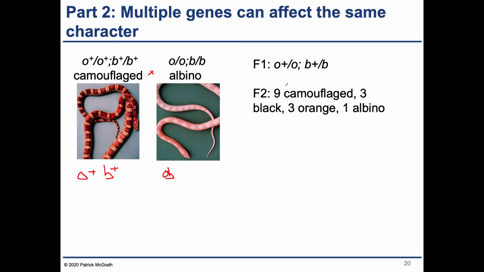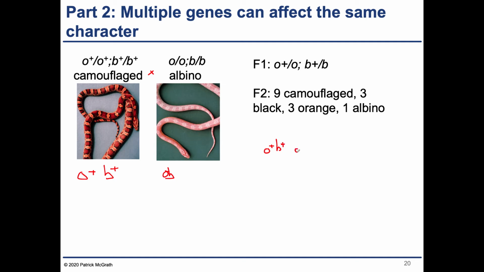And now, if we intercross these further, there will be 9 camouflage, 3 black, 3 orange, and 1 albino. And so how is that possible? So you have to determine what are the gametes that can be produced by the F1.